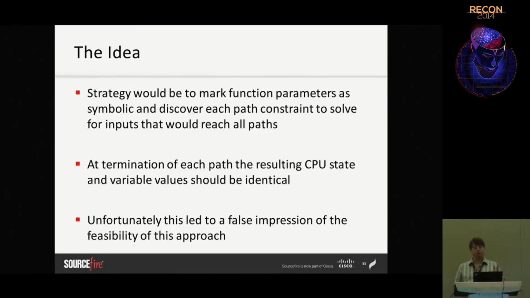And for each one of those paths, we would ask it to solve the possible inputs that would reach every condition constraint that are represented. And at the end of the day, the resulting register state and memory state should be more or less equivalent.